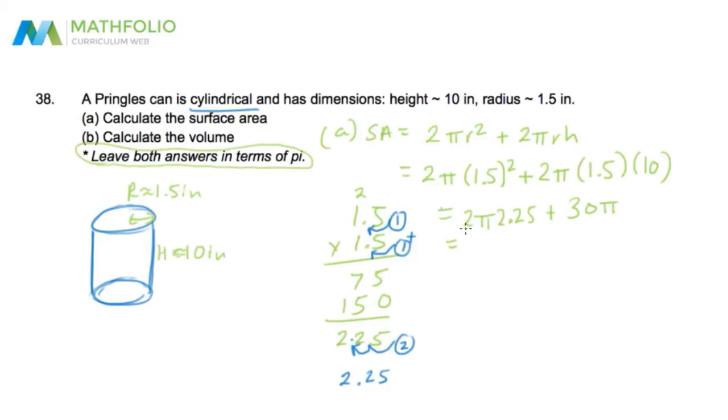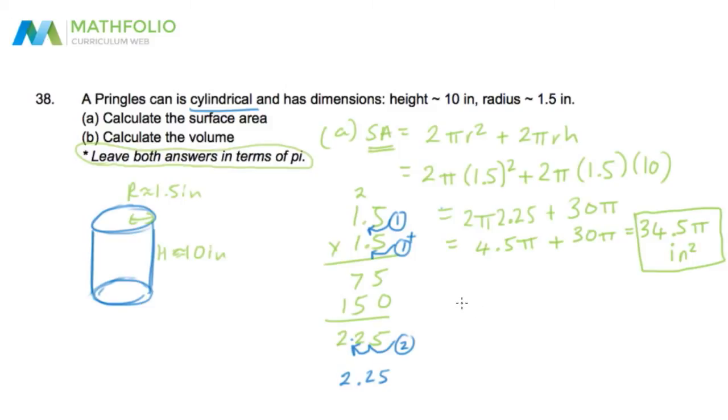So 2 times the 2.25 is going to be 4.5 pi plus the 30 pi. So this is going to give an answer of 34.5 pi, and our units for this, because we're given inches in the question and this is surface area, are going to be inches squared. So this is our answer for the surface area.